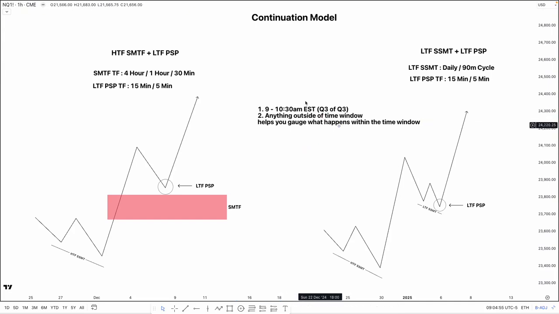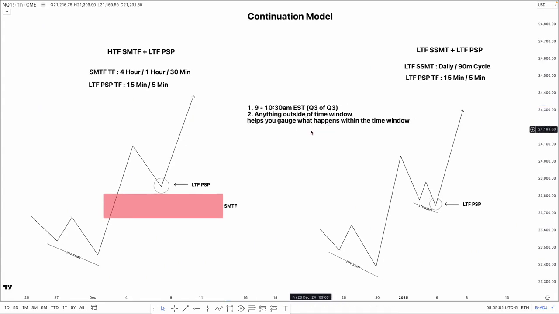So anything that happens outside of 9 to 10:30 a.m. EST is only there to give you information on what will happen within the time window. So we're not trading outside of the time window. We only use the information we get from it to gauge what will happen within that time window. Third, we'll be looking for 2 to 3 trades max a day.